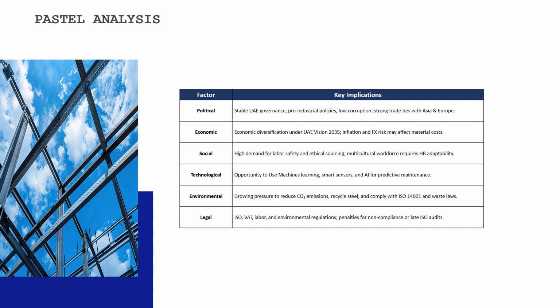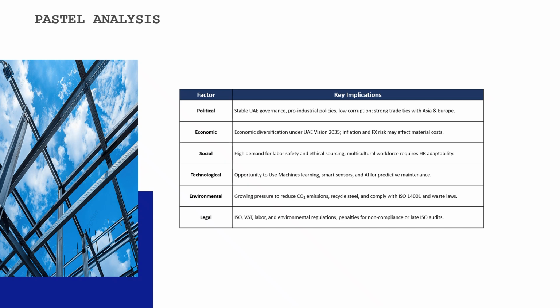Here is the PESTEL analysis also, which helps with risk identification and mitigation. When we look at the political, economic, social, technology, environment, and legal factors, on the political side, we are looking at the stability of governance, low corruption, and strong trade.